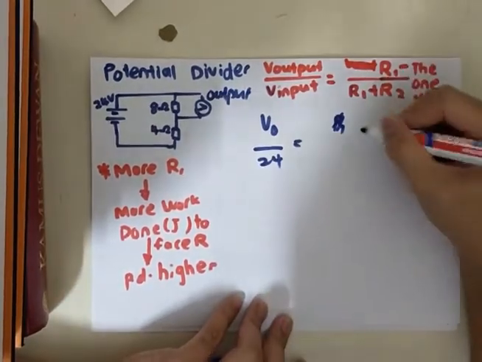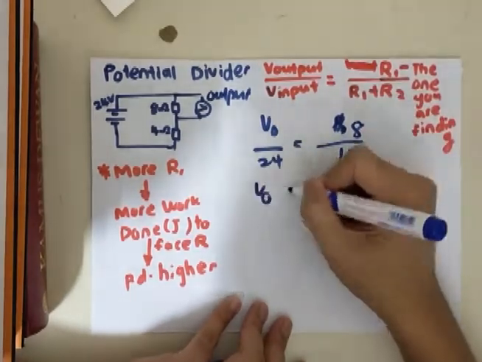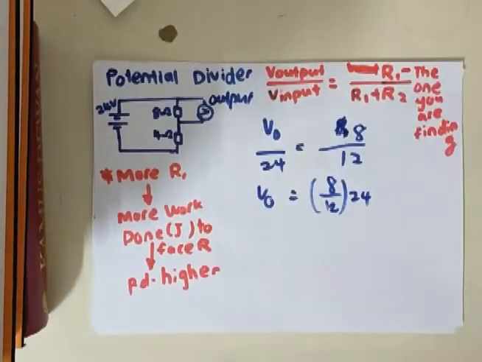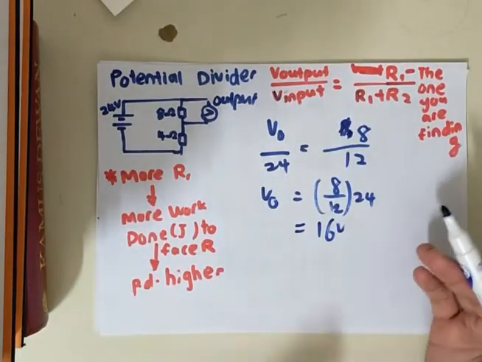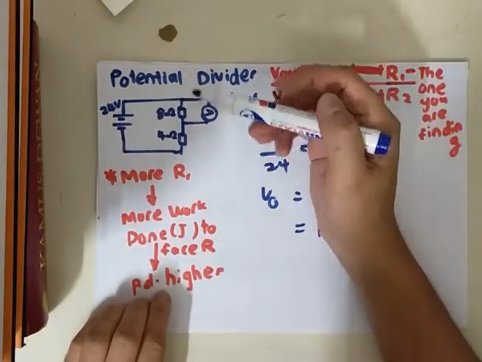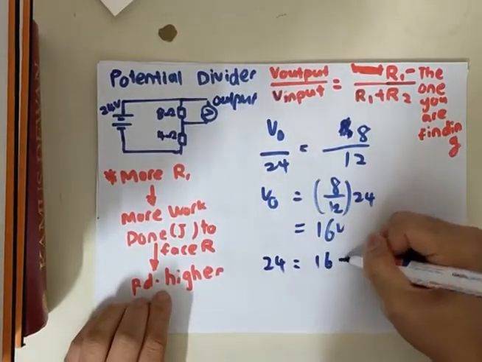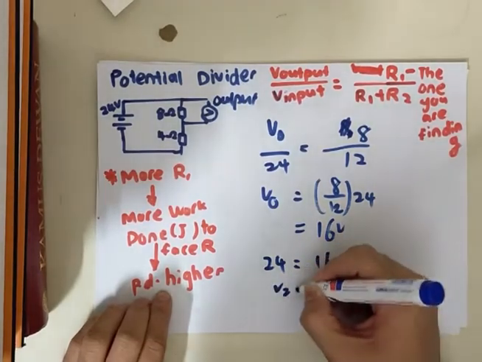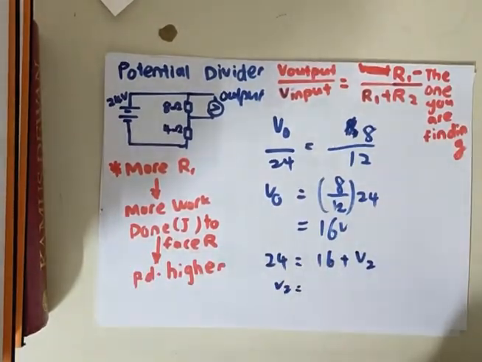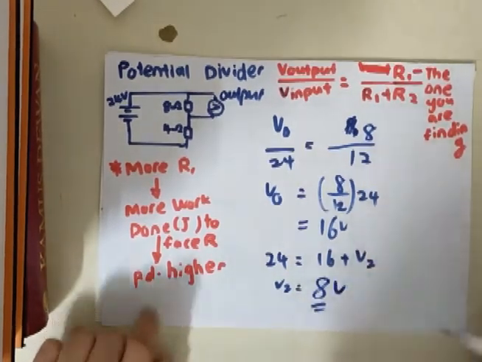So it's 8 over 8 plus 4, which is 12. Since I know this is a series circuit, 24 equals 16 plus my V2. We'll name it V2. 24 minus 16, I'll get 8.